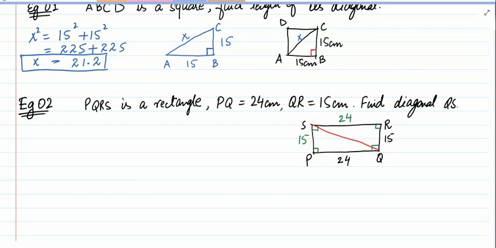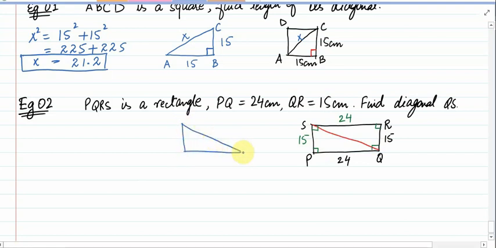So if I draw triangle PQS separately, it will look like this: P, Q, S. PQ is 24, PS is 15, and we need to find the length of QS. Now again you can solve it by using Pythagoras. It will be x square equals 15 square plus 24 square.